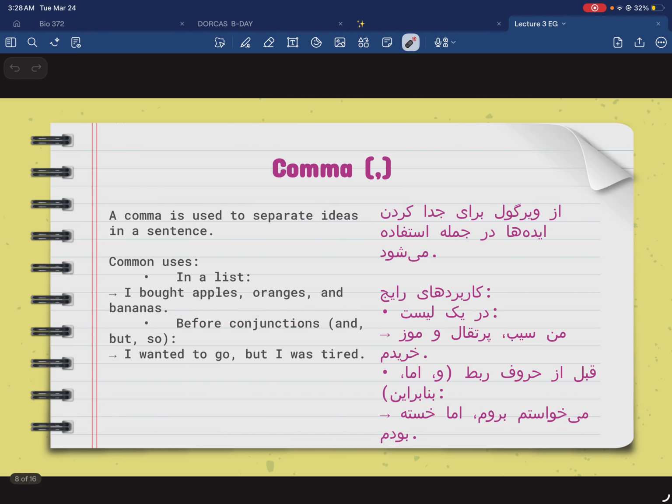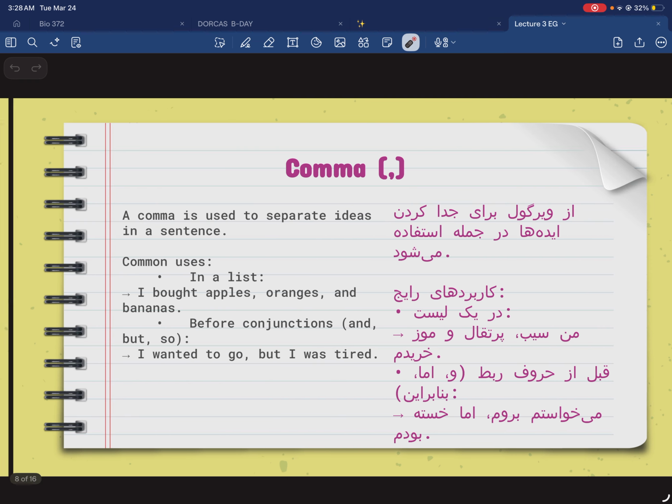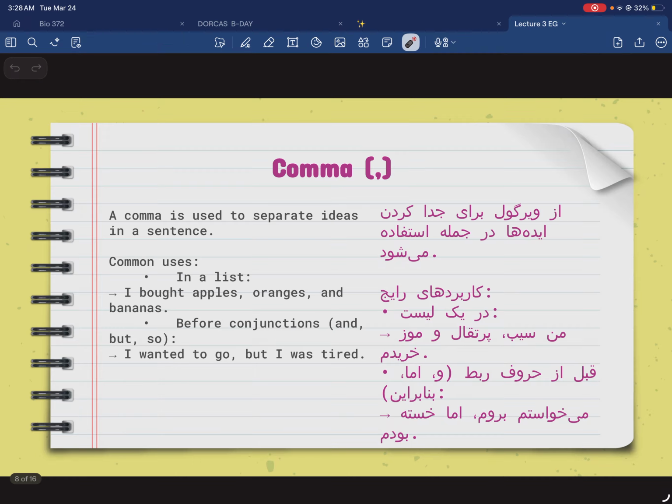All right, and then the one that is more of a new idea is going to be comma. So a comma is used to separate ideas in a sentence. Common uses are in a list. Let's just say somebody stated, I bought apples, oranges, and bananas.